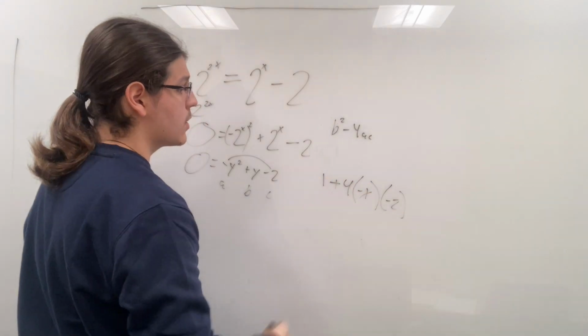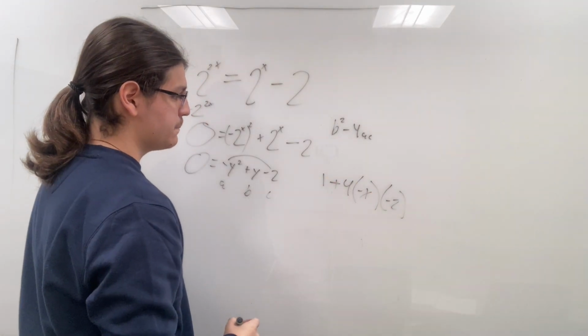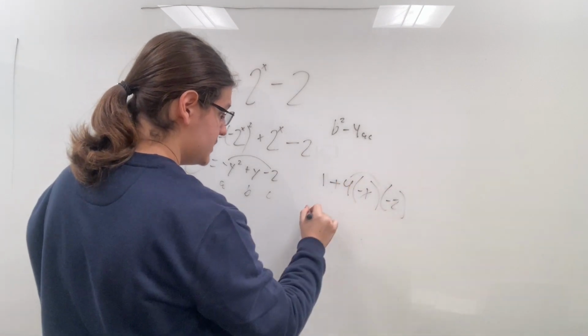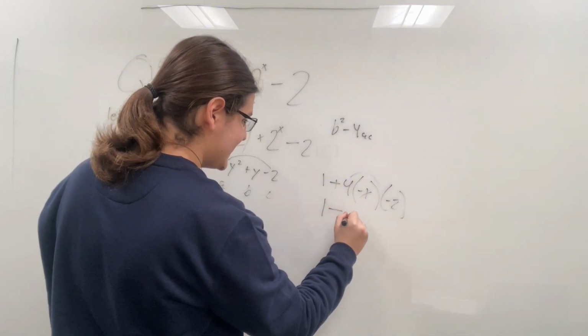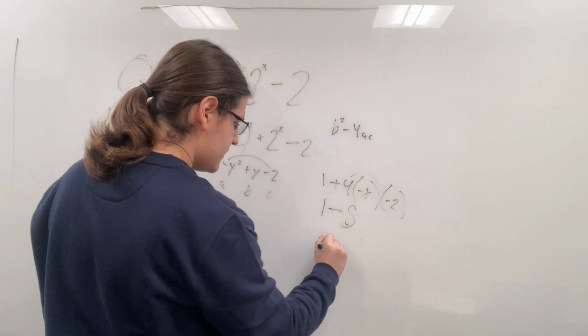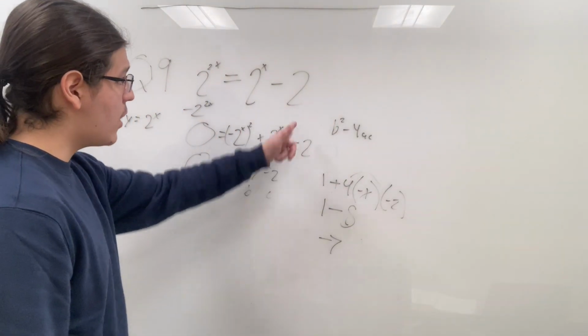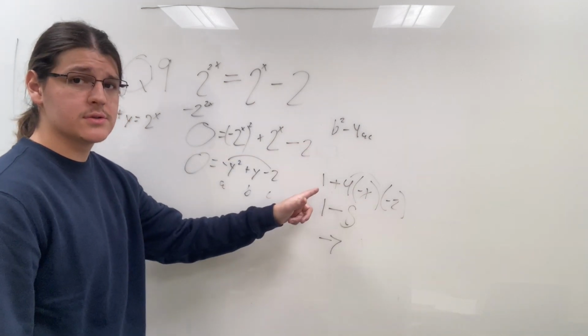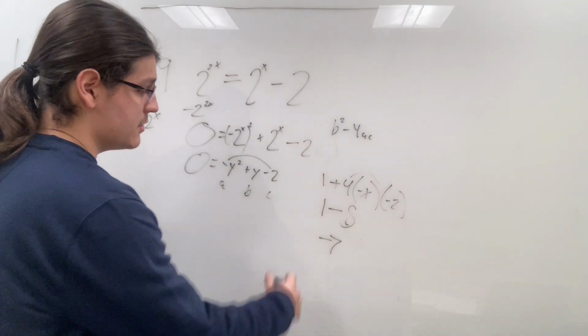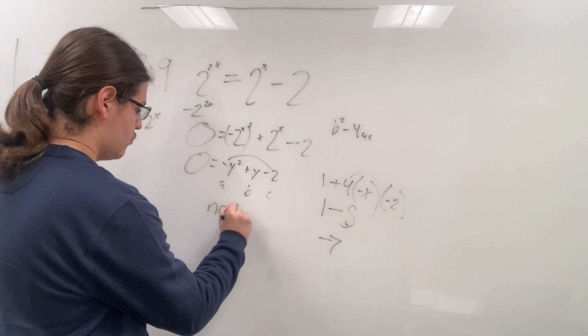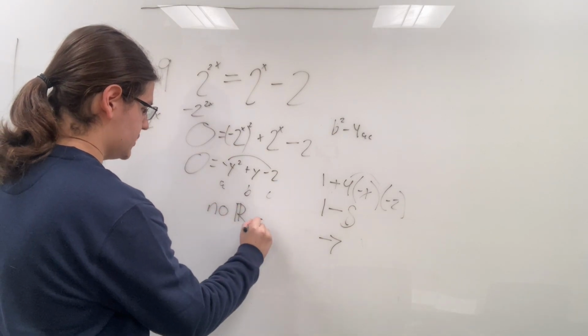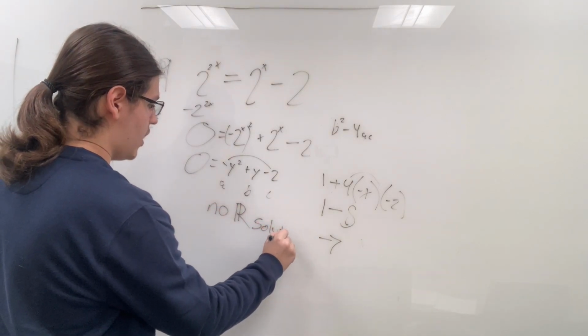So 1 plus 4 times negative 2. Now that is just going to be 1 minus 8, which gives us negative 7. So does our problem have real solutions? No. There are no real solutions to this problem.